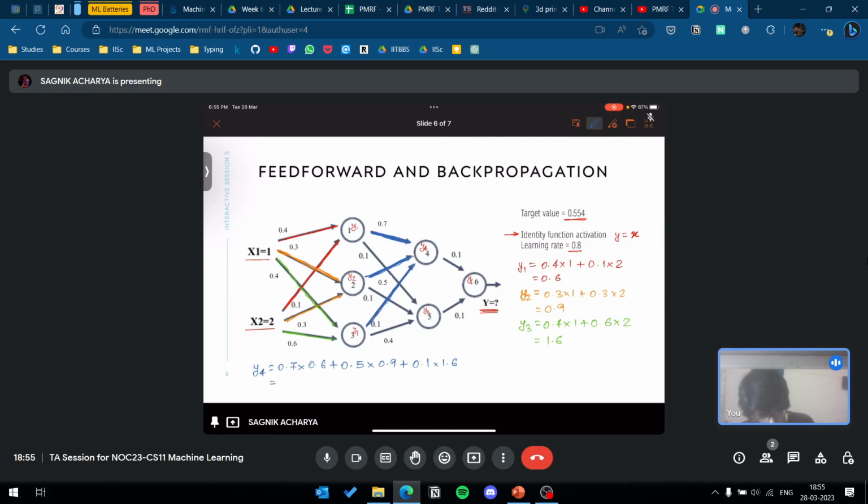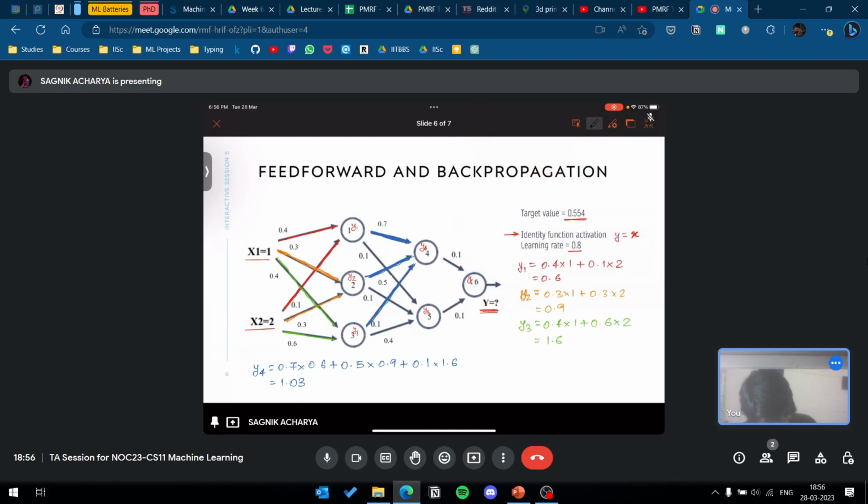So if you calculate, this will come out to be 0.7 times 0.6 plus 0.5 times 0.9 plus 0.1 times 1.6. This is equal to 1.03, right?